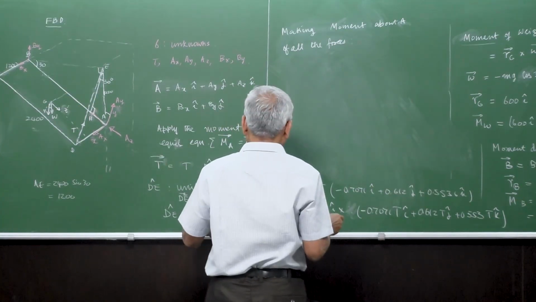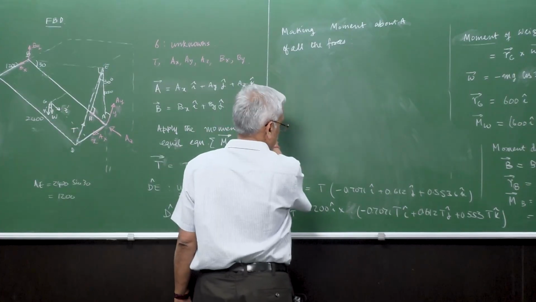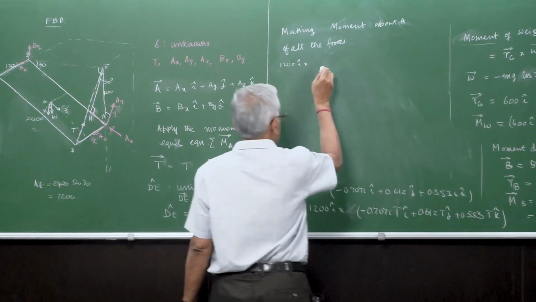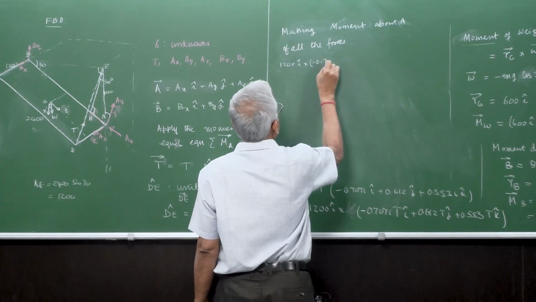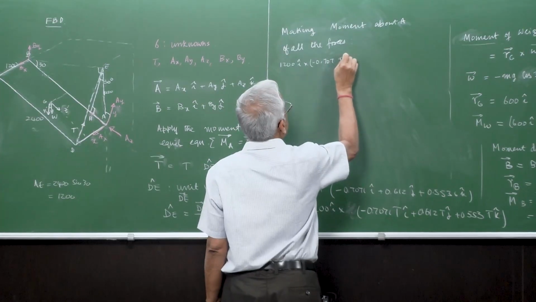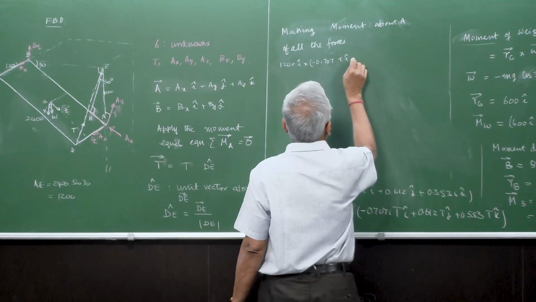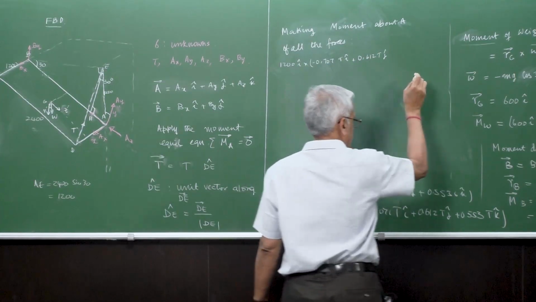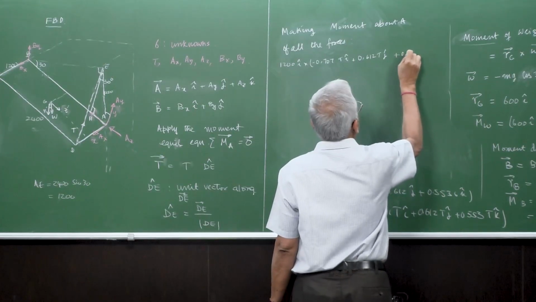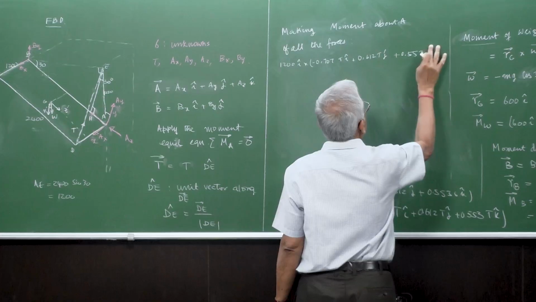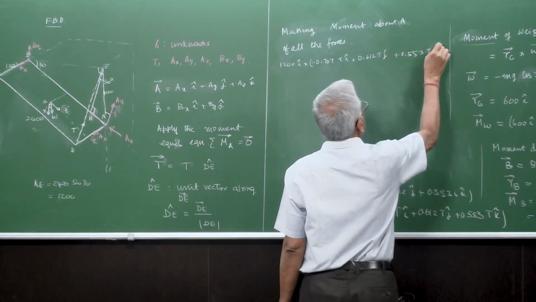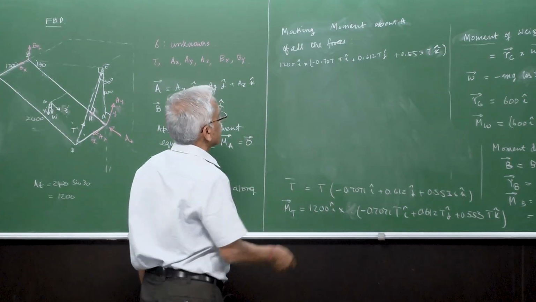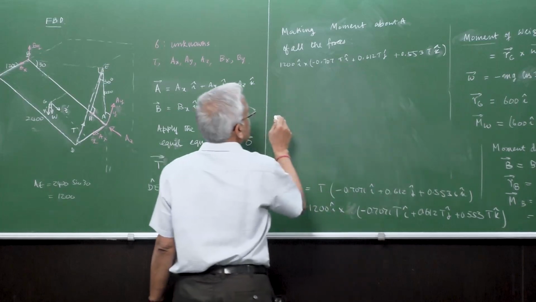That is this one, MT, which is 1200 i cross minus 0.707 T i plus 0.612 T j and 0.553 T k. So there is a T everywhere. So the component of T appears in the i, j and k.